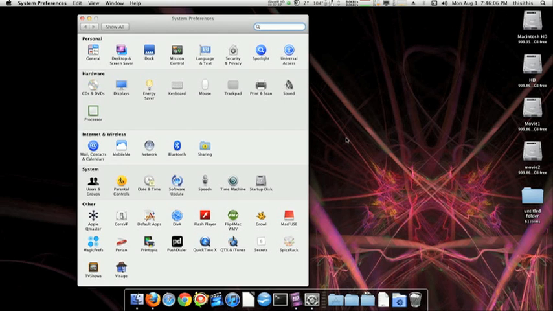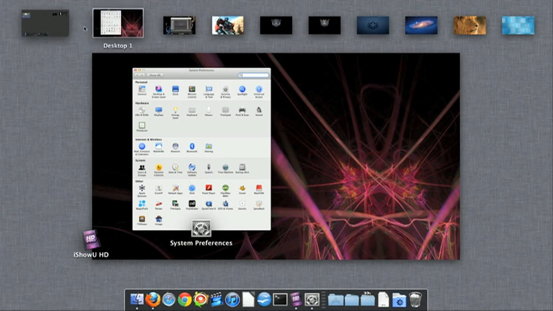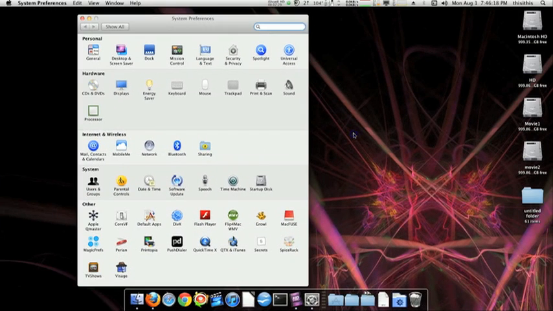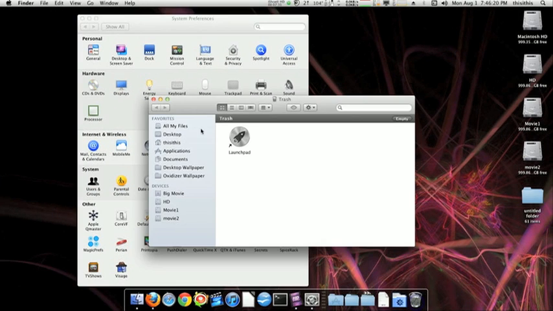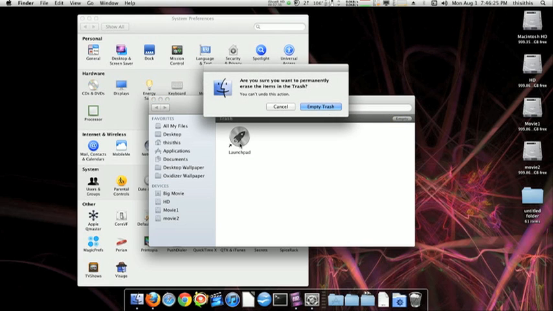But as for Mission Control, I don't know why people keep complaining about that. It's nothing really special, and it's actually pretty good up here. And Launchpad is, well, fucking useless. And by the way, this is just an alias.